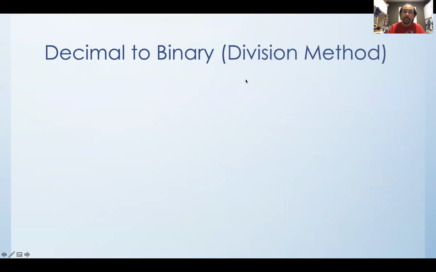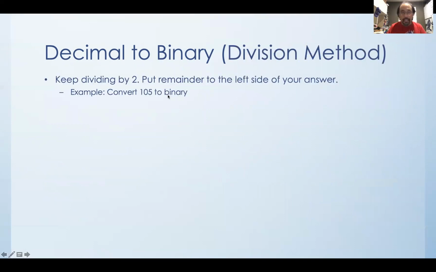Now, I do have another method that I want to show you, and I call it the division method. So let's take another number, 105. I'm going to start by dividing it by 2, and I need to remember what the remainder is. So 105 divided by 2 is 52 with a remainder of 1. So I'm going to put a 1 here.